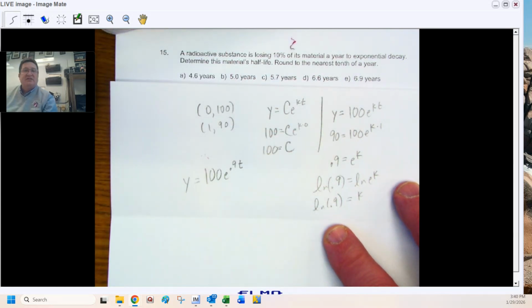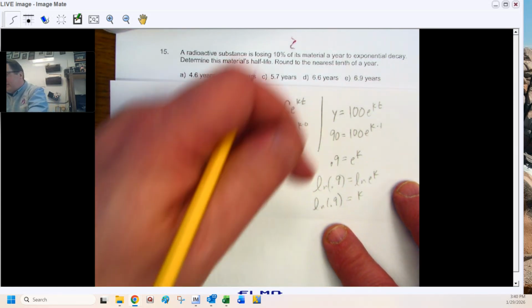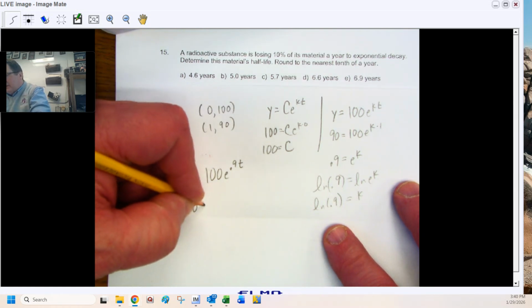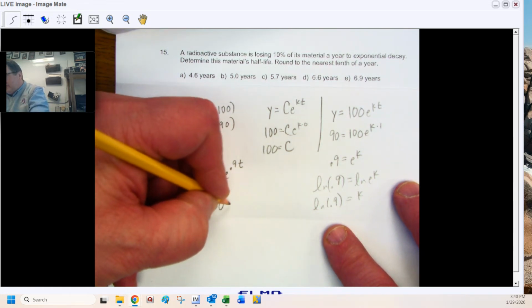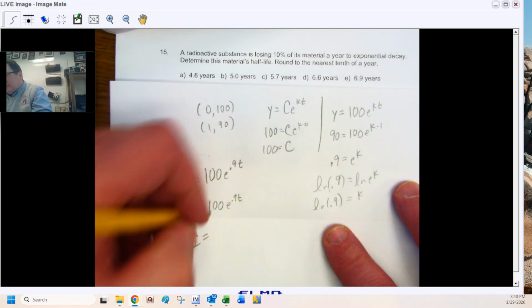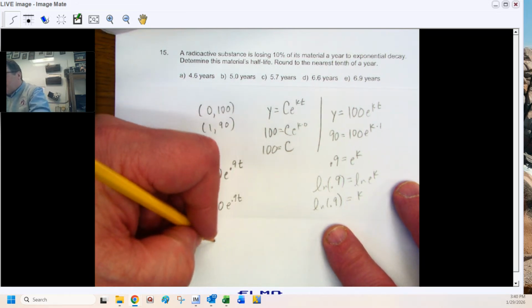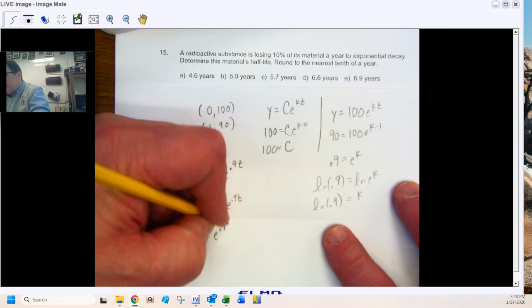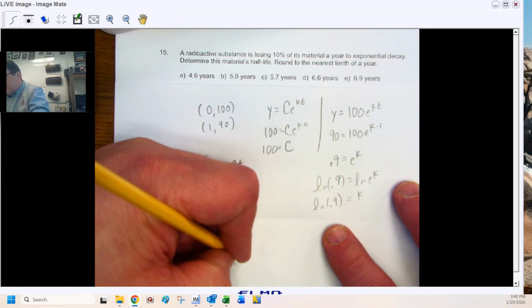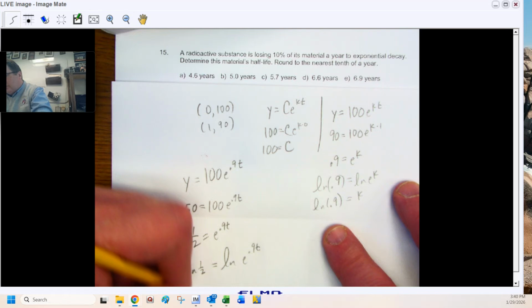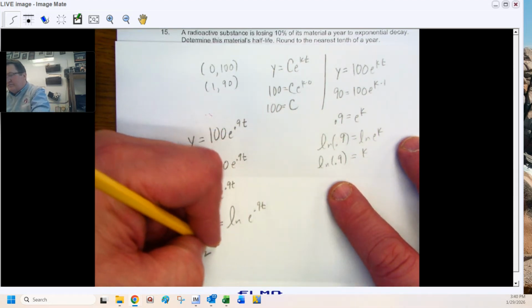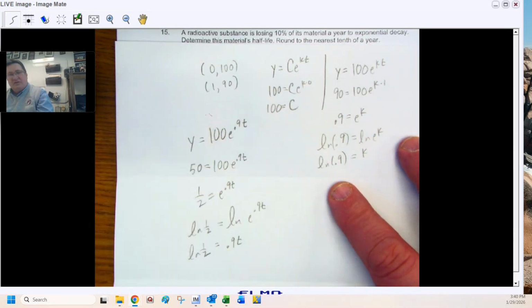And the question says, what is its half-life? That's like asking how much time it takes for y to be 50. So if we put 50 equals 100e^(0.9t), then we would get 1/2 equals e^(0.9t). If we then took the ln of both sides, we would have ln half equals 0.9t.